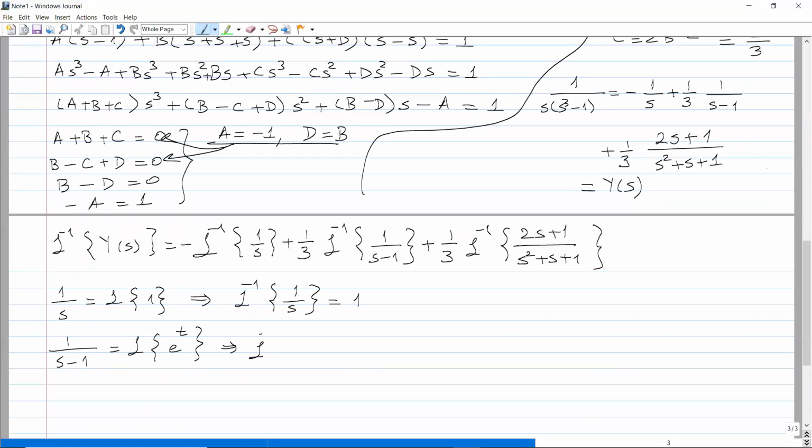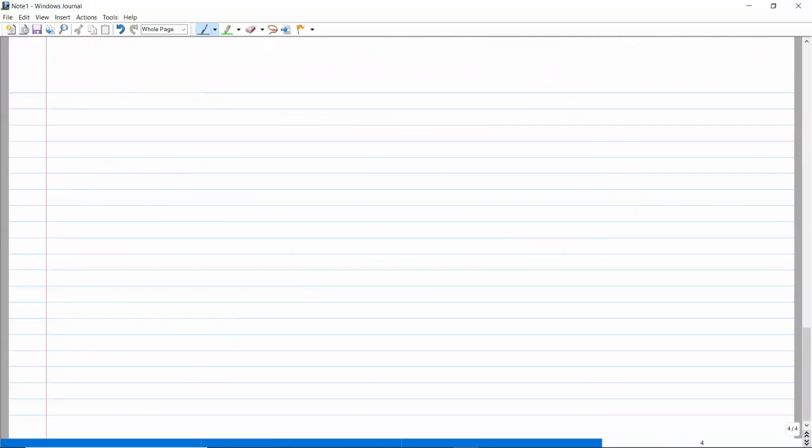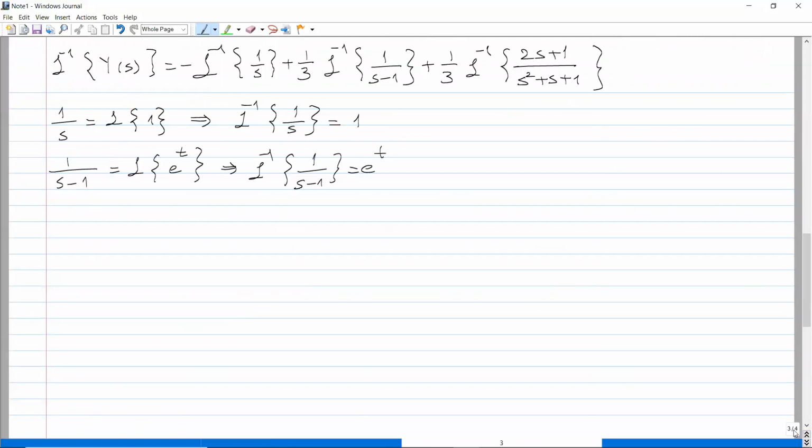So inverse Laplace of 1 over s minus 1 is e to the t. Now the last one is a little bit tricky. Not tricky really, but we need to do some work. Okay, so 2s plus 1 over s squared plus s plus 1.